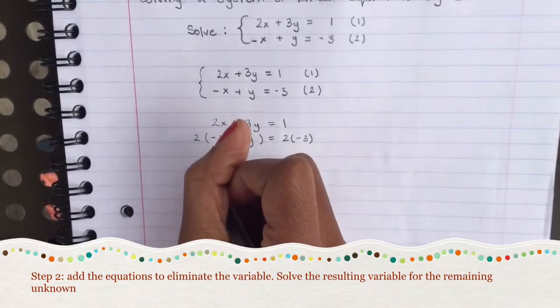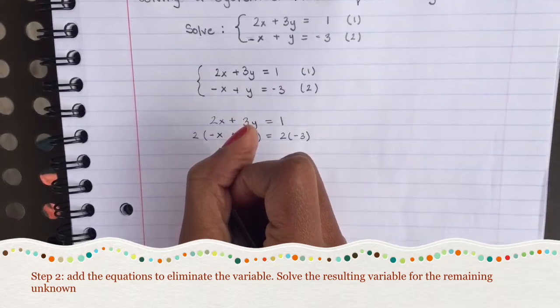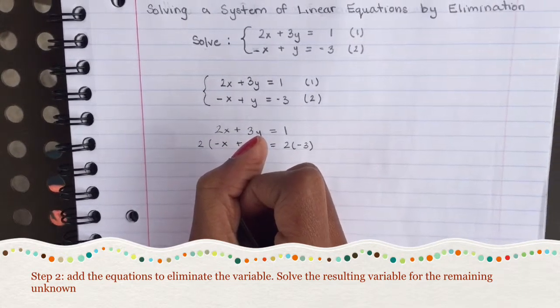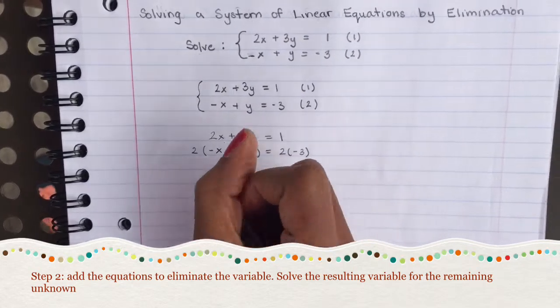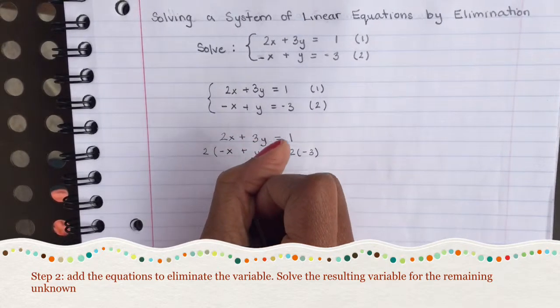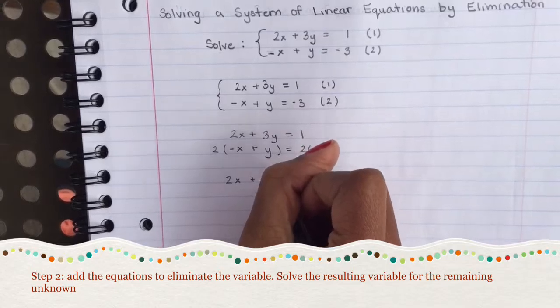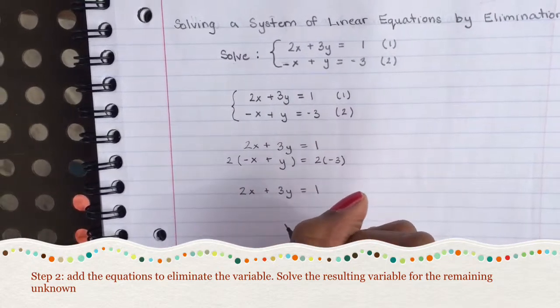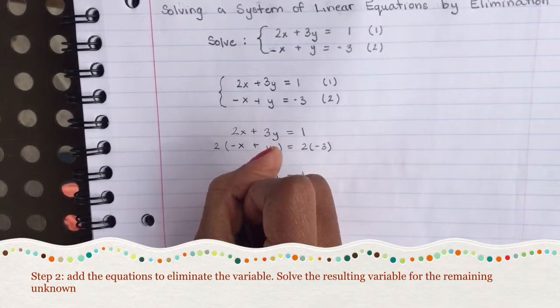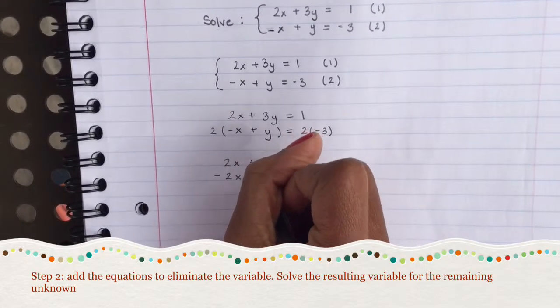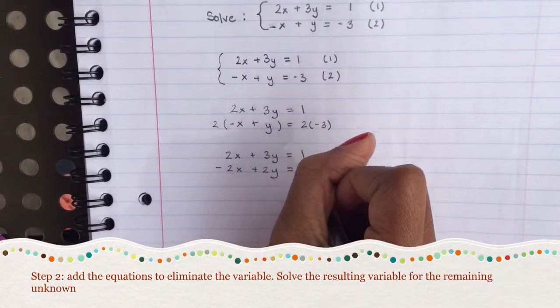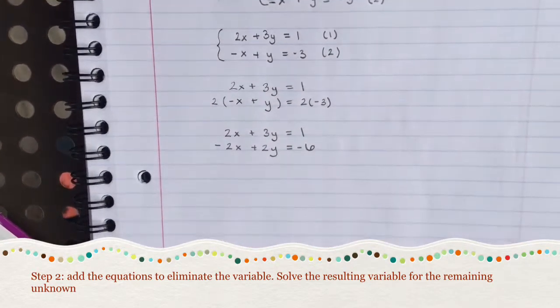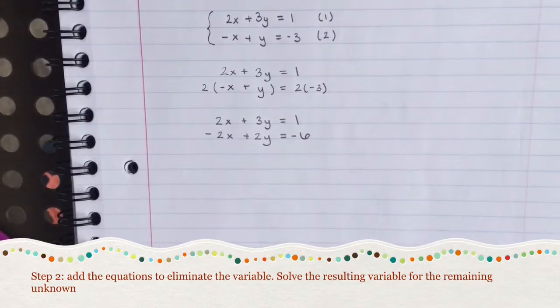Before we move on to the second step, we need to distribute the 2 into the second equation as we had decided. So we get negative 2x plus 2y equals negative 6. Then we move on to the second step and add the equations to eliminate the variable.